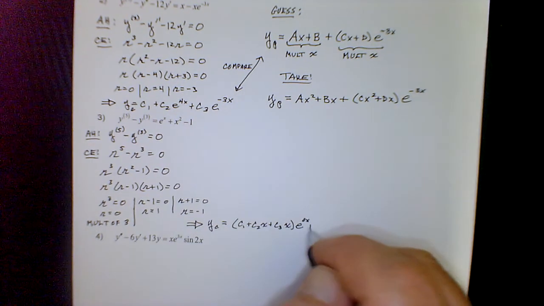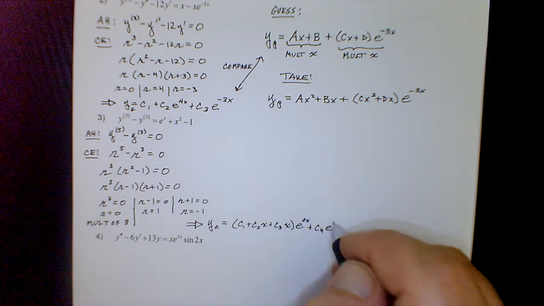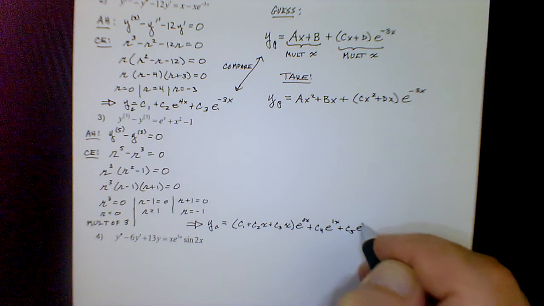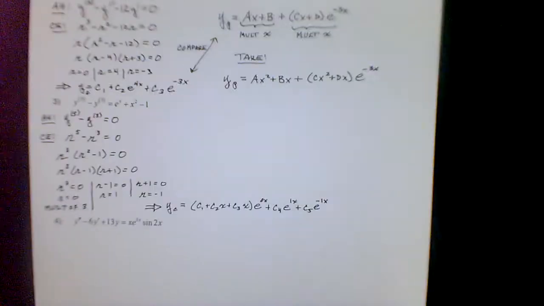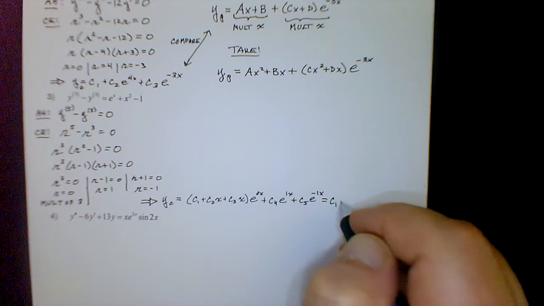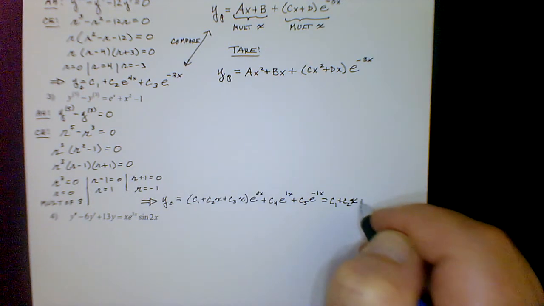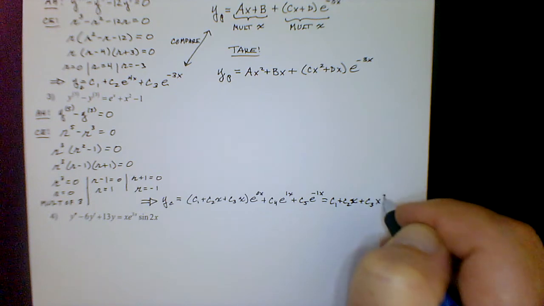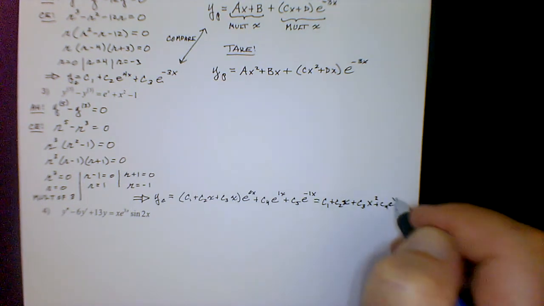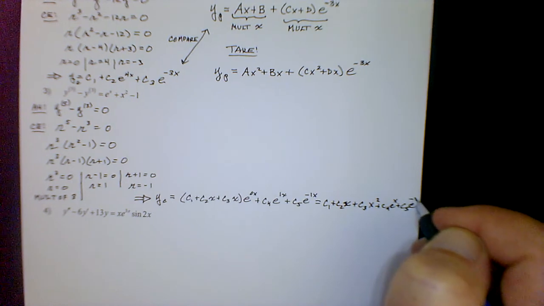And then we need a plus, let's call it C4 e to the 1x, and then plus C5 e to the negative 1x. And so let's get rid of that e to the 0x, we'll just call it C1 plus C2x plus C3x squared plus C4 e to the x plus C5 e to the negative x.